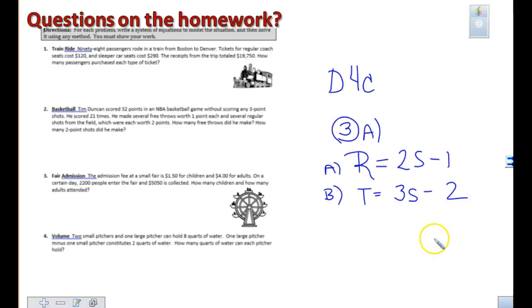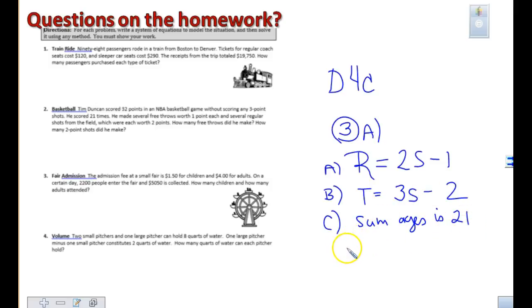And the question says, how old are all 3 of them, Sarah, Raj, and Tony, if the sum of their ages is 21? So I had someone say, oh, so you mean I can put these 2 equal to each other? It doesn't say these 2 people are the same age. It says the sum of all of their ages are 21.